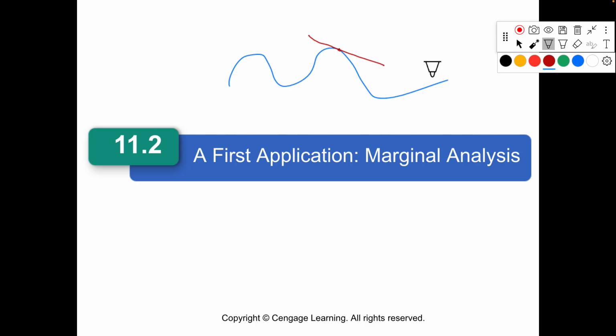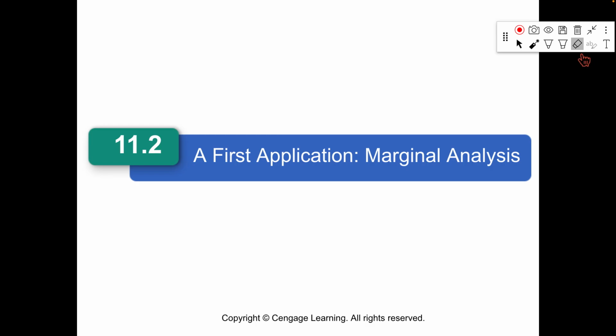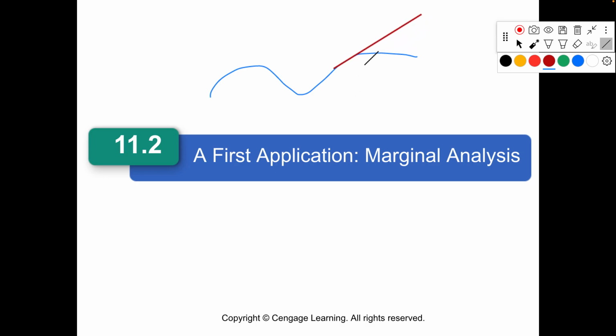I found out they've got a line tool. So if I'm going to draw a slope here, where does the tangent line touch it? It's touching it at the point of tangency, right?